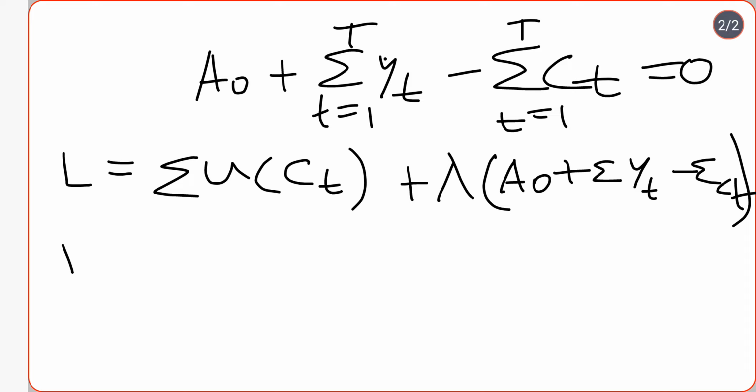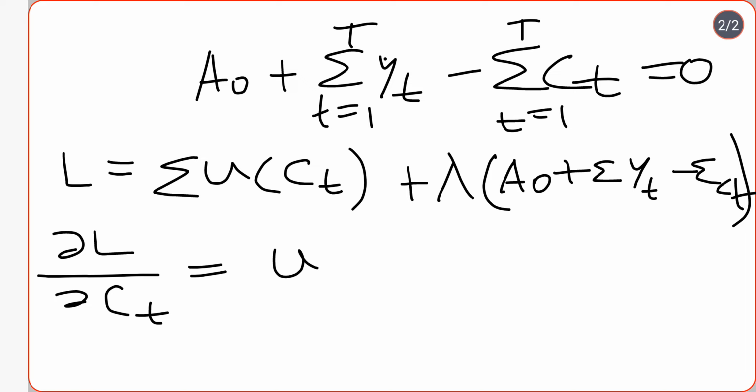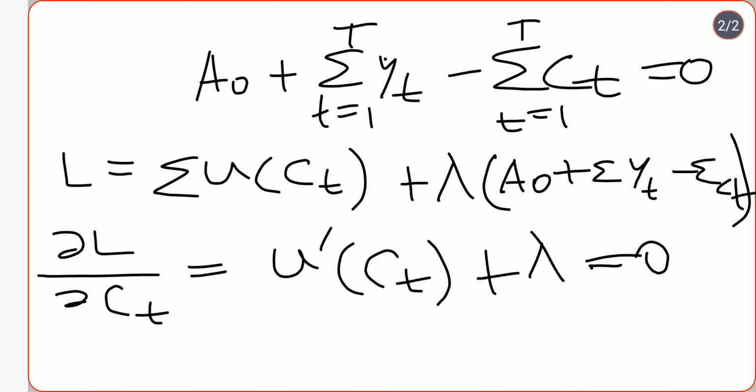So what is basically the marginal utility? At first, for going to the marginal utility, we have to do the derivative of this function with respect to Ct. So if we do the partial derivative of this function with respect to Ct, then what will we get? We will get u dash Ct plus minus lambda, and as per the first order condition it will be equal to 0.